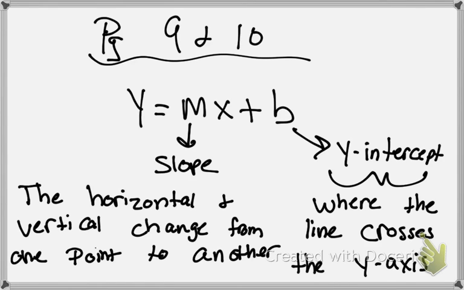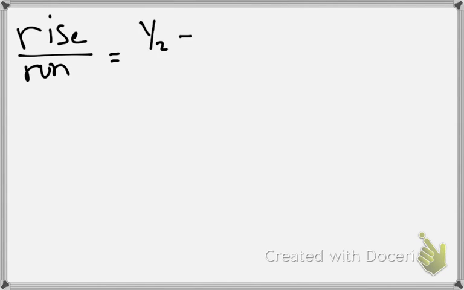Again, the way that we're really going to talk about slope is rise over run. So when we talk about rise over run, that means we're taking y2 and we subtract y1, then we take x2, subtract x1.